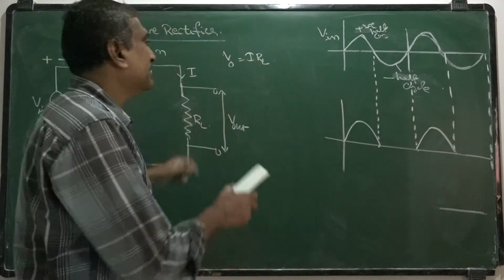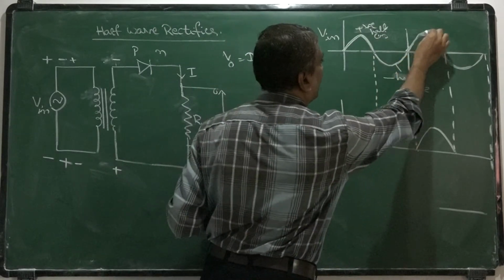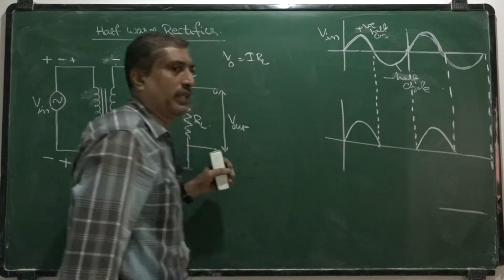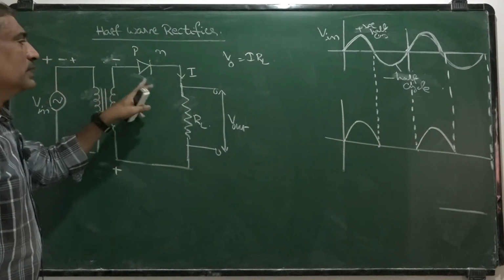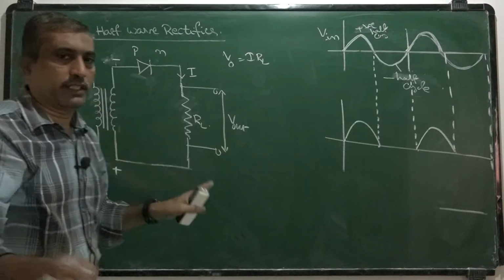In this way we get only positive half cycles like this, because in reverse bias this particular PN junction diode does not conduct.